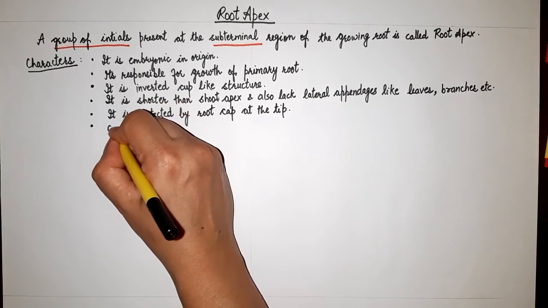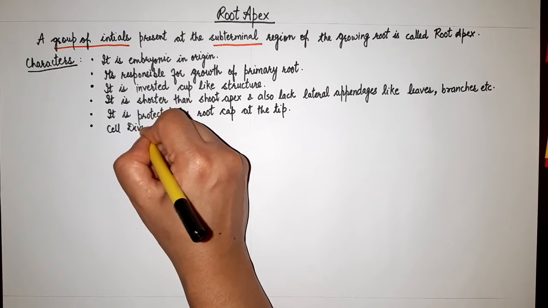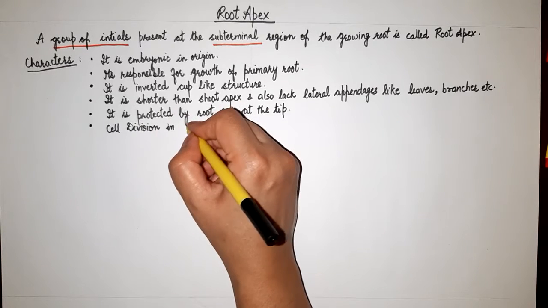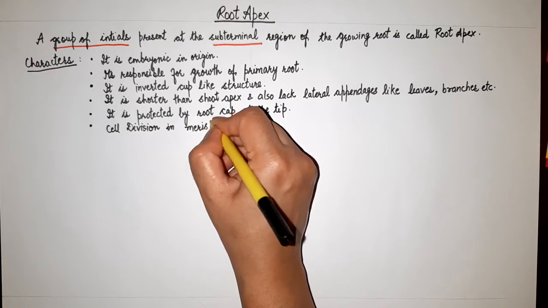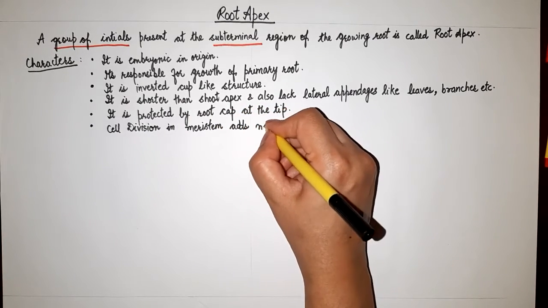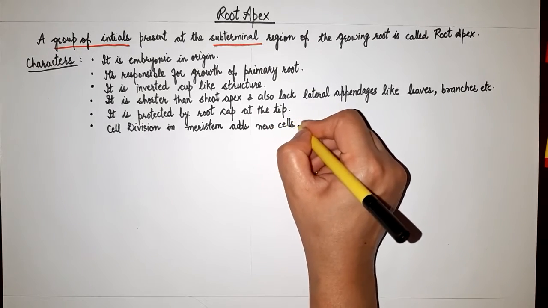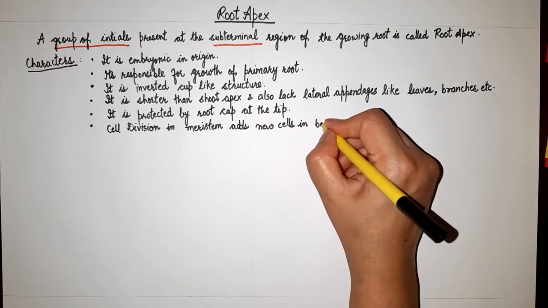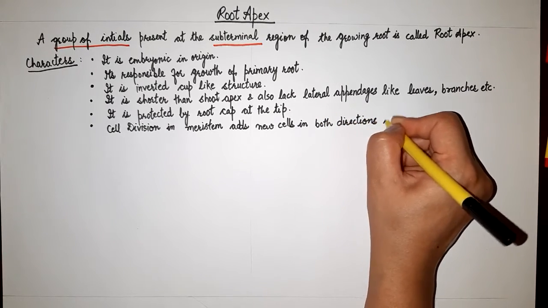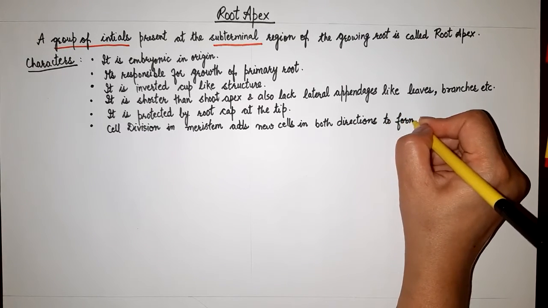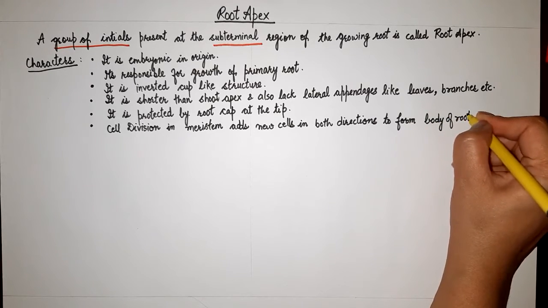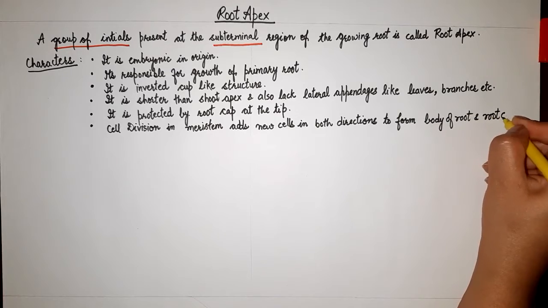Cell division in meristem or meristematic cell adds new cells in both directions to form body of root and root cap.